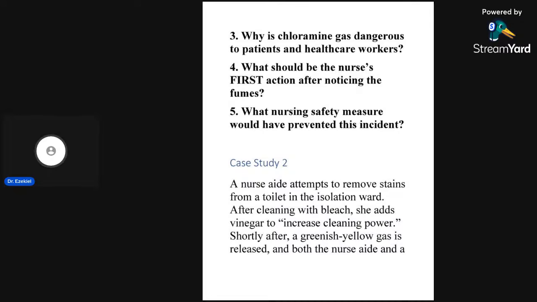Then number three, why is chloramine gas dangerous to patients? Chloramine gas is dangerous to patients because it can lead to reduced oxygen saturation. It can also cause persistent coughing, as a result of the irritation of the respiratory tract, and that can be very dangerous.